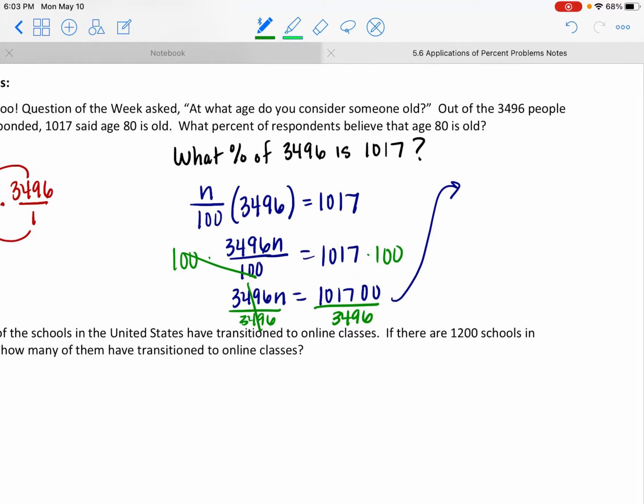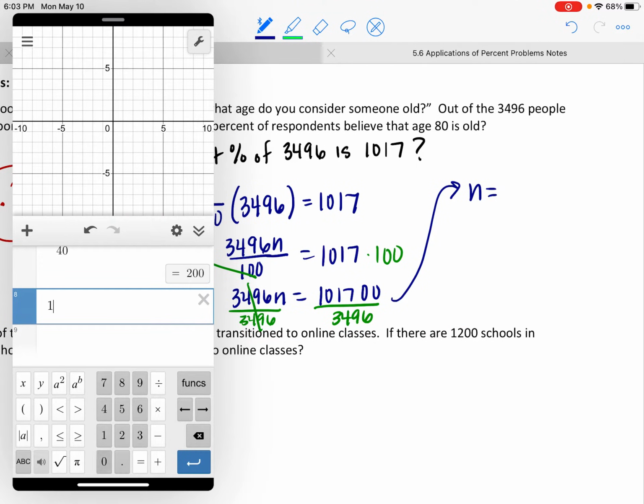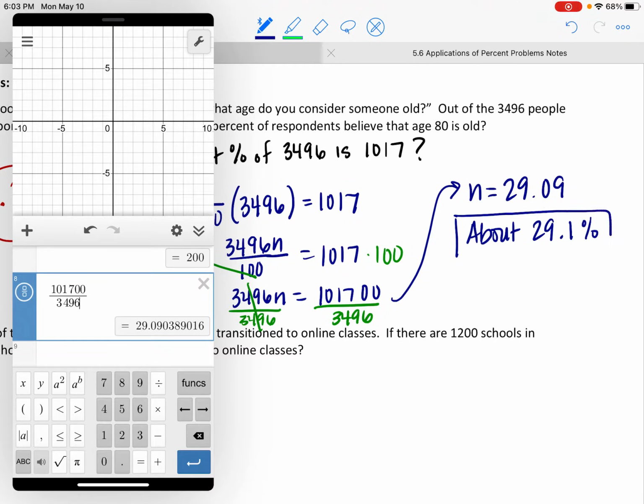And so that cancels and leaves me n equal to, I'm not trying to do that in my head, 101,700 divided by 3,496. So we end up with 29.09-ish. So we're going to say about 29.1%. So there is our answer.